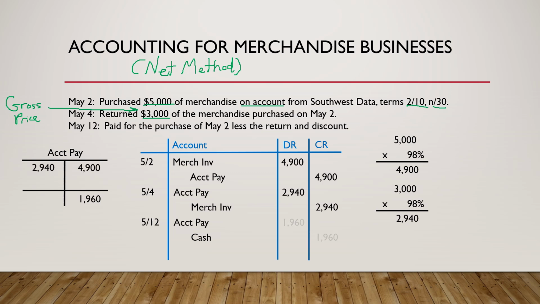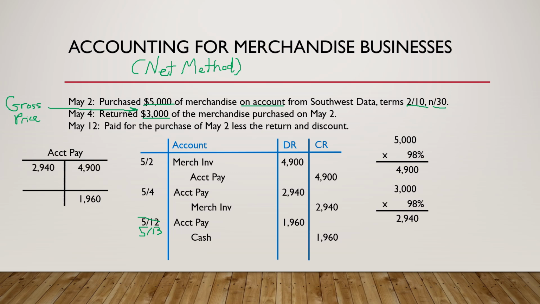The amount paid, $1,960. Again, because the purchase was initially recorded net of the discount, there was no adjustment necessary to the merchandise inventory for the payment.